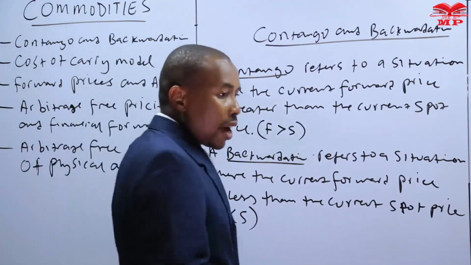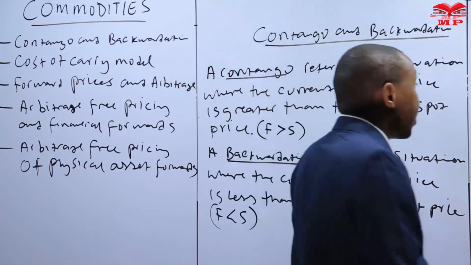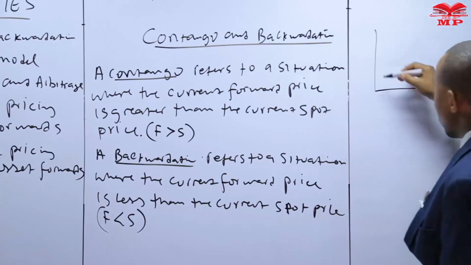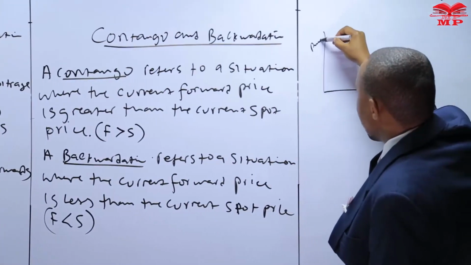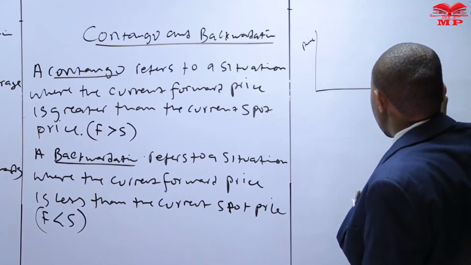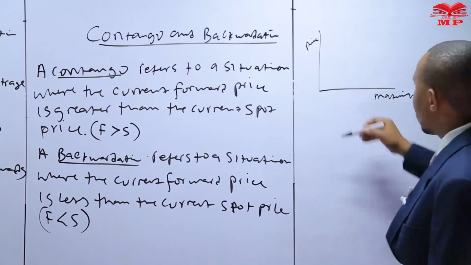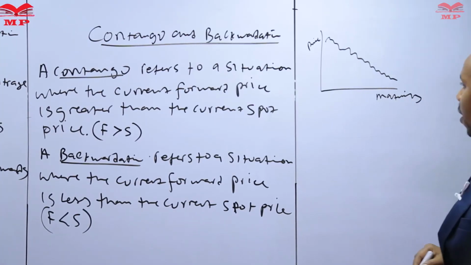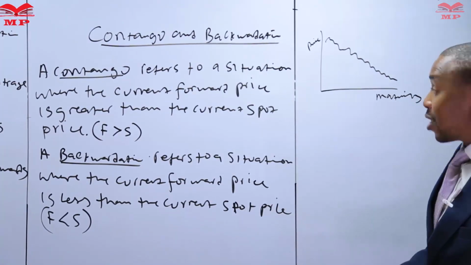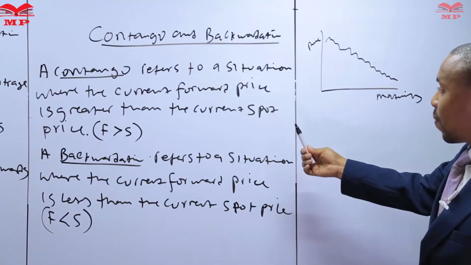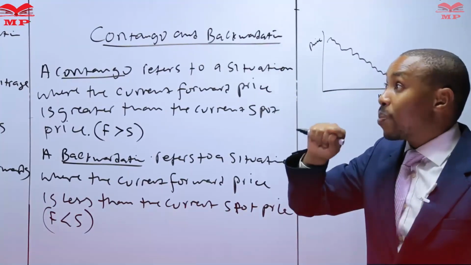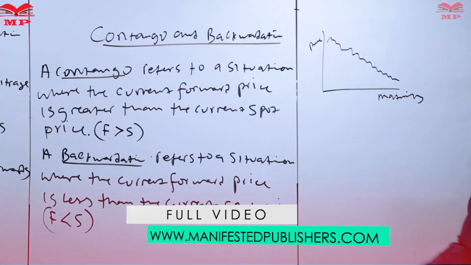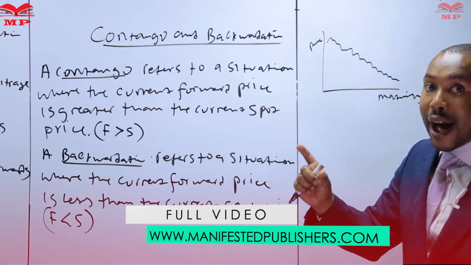Now we had looked at the term structure of forward prices, and I can come on this other side just in brief to explain what we had looked at. We had the price here and maturity right under that, and we had drawn the prices trending like that. So a contango refers to a situation where the forward price looking ahead is greater than the spot price. That is where analysts or investors try to earn a return.